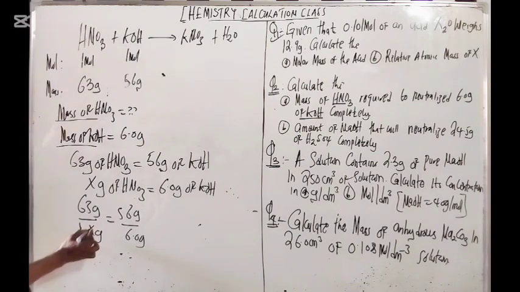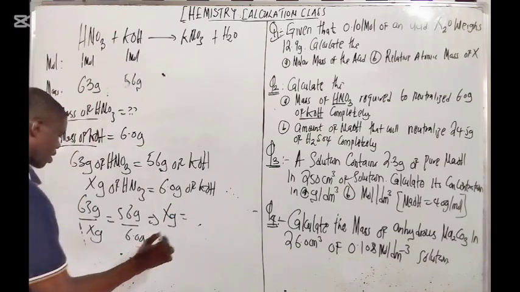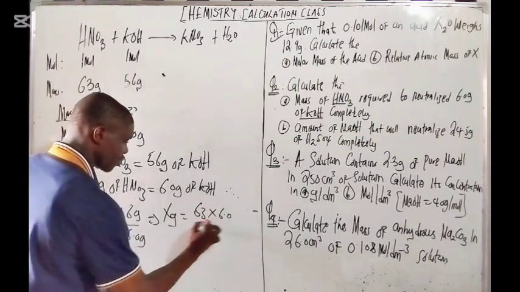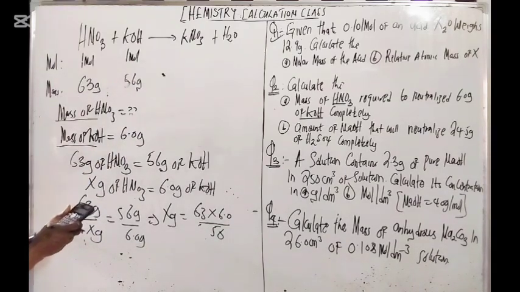You see that? If you make a formula here by multiplying, you have S gram equals 63 times 6.0 over 56. So now it would be 63 times 6.0 divided by 56. The answer was 6.7.